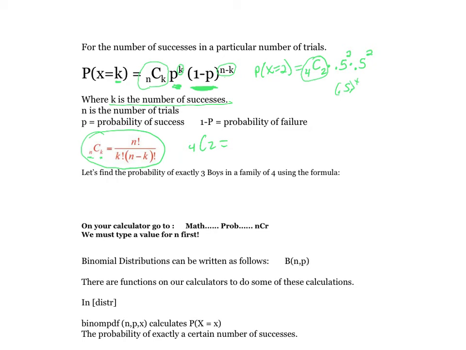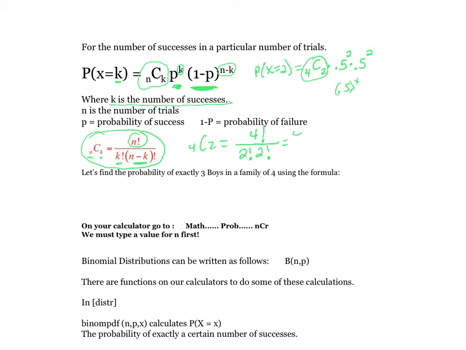Now, on the previous page, we found out that the answer was 6, but we did it by actually writing down all the options. This formula actually just gives you the answer. So this formula is pretty easy. On the top, you do n factorial, which is 4 factorial. Hopefully you're familiar with factorials. I'll review that in a second here. And then on the bottom, you do k factorial, which is how many boys I want, times n minus k factorial, which is how many girls I want.